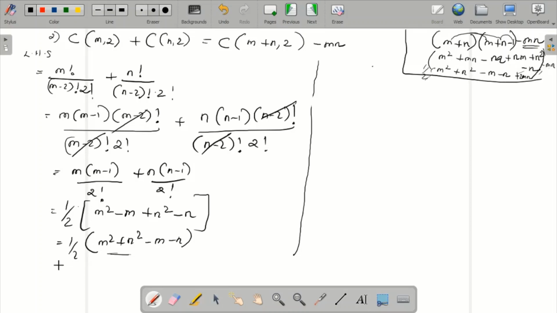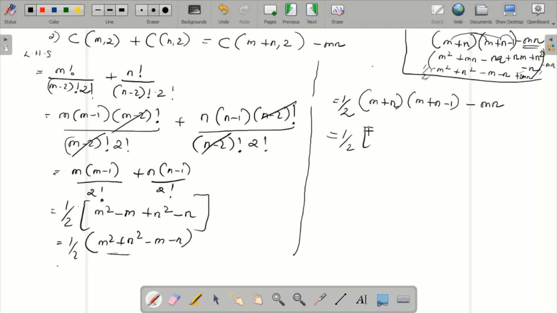So what I'll be doing is, in this continuation step itself, I'll just write half, and I'll replace with this term. That would be nothing but half into m plus n into m plus n minus 1 minus mn. Same thing I wrote. If you want to check, you can check here.